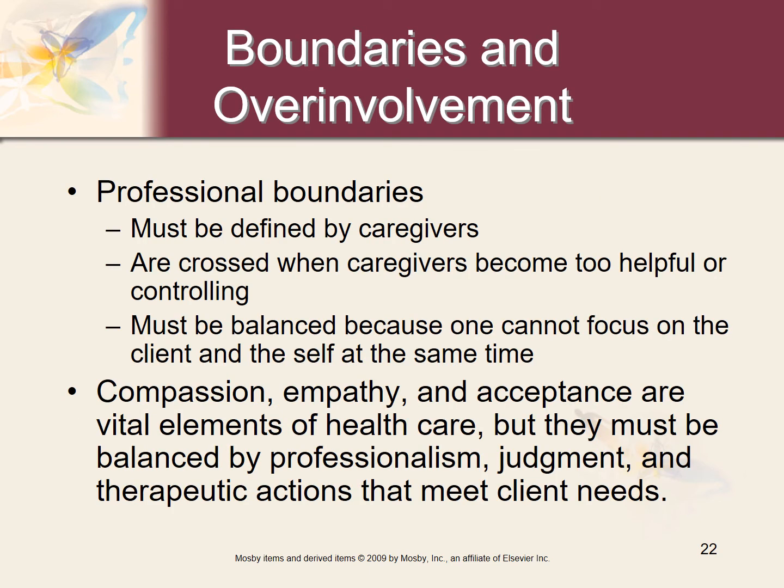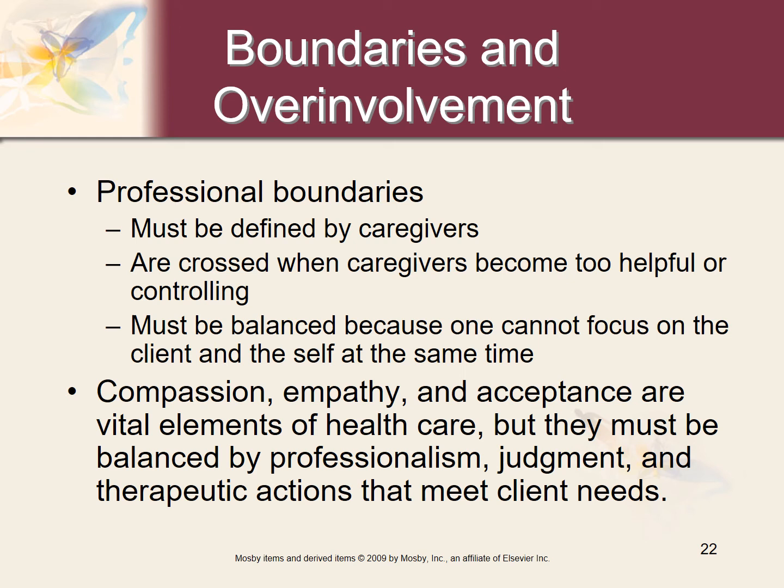Boundaries and over-involvement. We have professional boundaries, and they must be defined by caregivers. Professional boundaries can be crossed when caregivers become too helpful or too controlling. They may have difficulty setting limits, which can result in conflict.